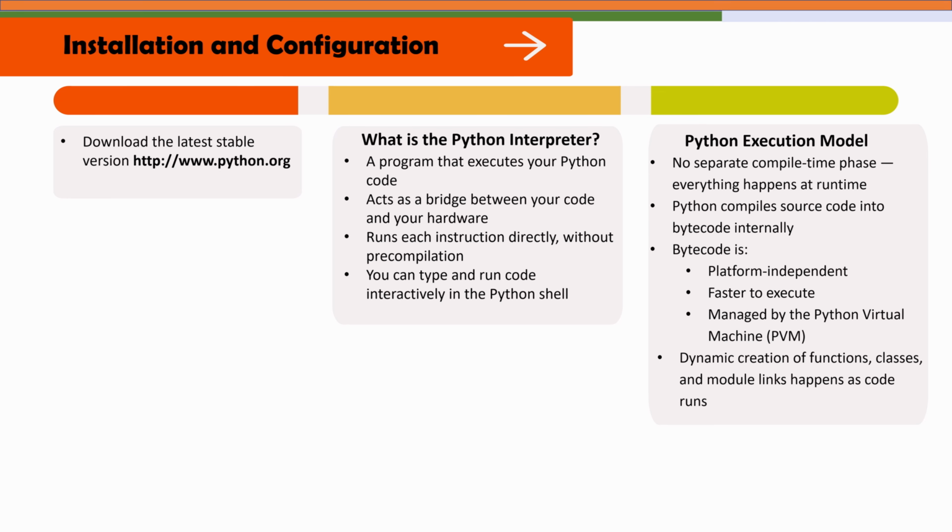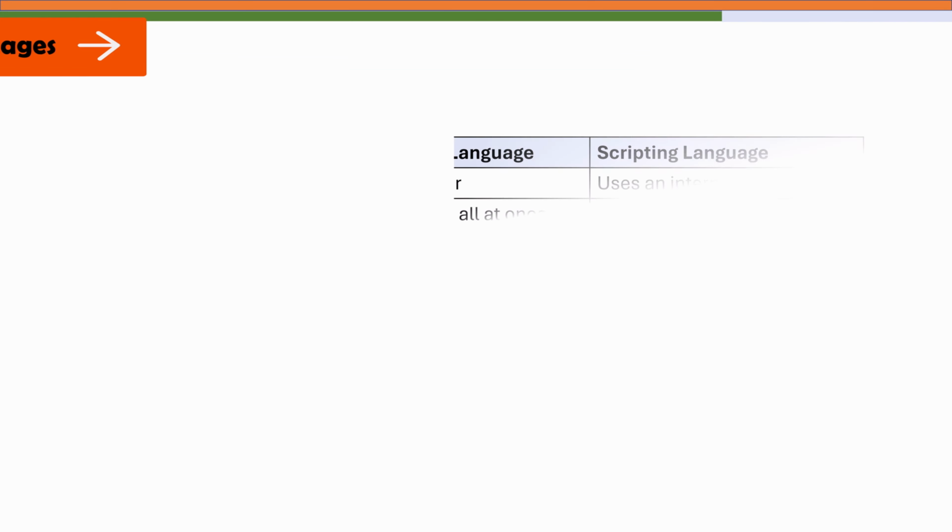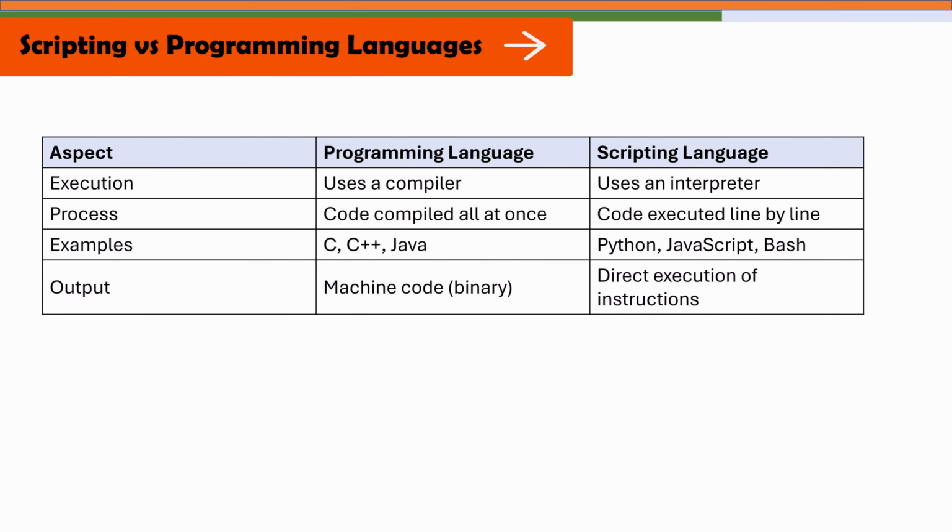Before we dive deeper into Python coding, let's take a step back and understand how Python fits into the broader world of programming languages. The primary difference between a scripting language and a programming language lies in how their code is executed. A traditional programming language such as C or C++ uses a compiler. It translates the entire source code into machine code before the program can run.